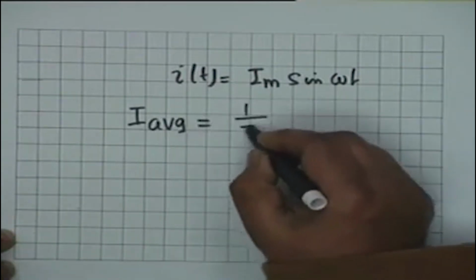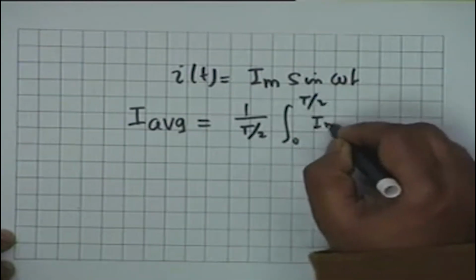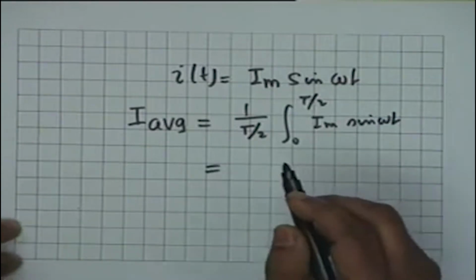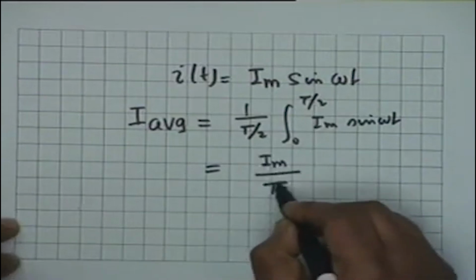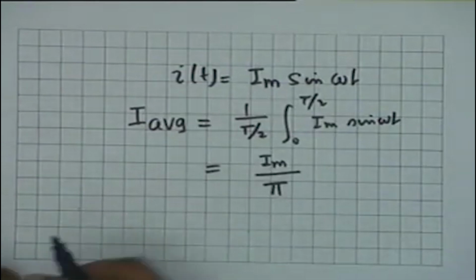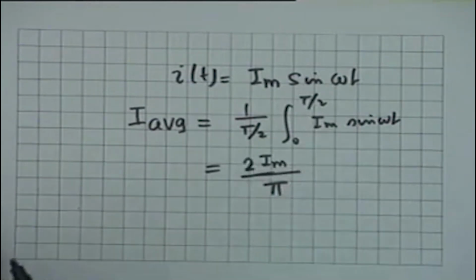Therefore it is 1 by T by 2 times the integral from 0 to T by 2 of Im sine omega t, and as you saw last time, the value is twice Im by pi. So the average is over half the time period for a sinusoid.